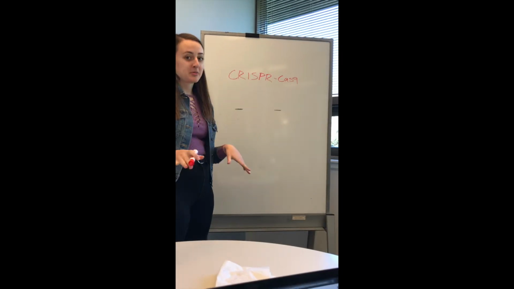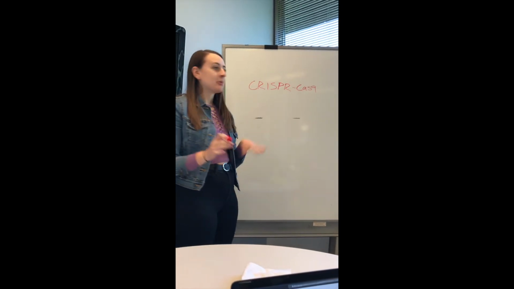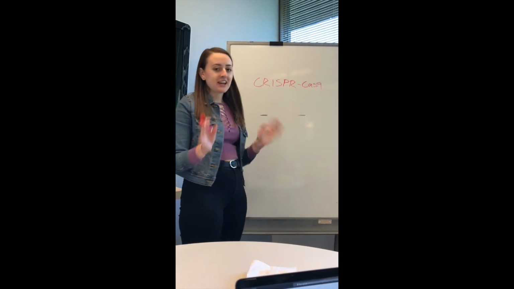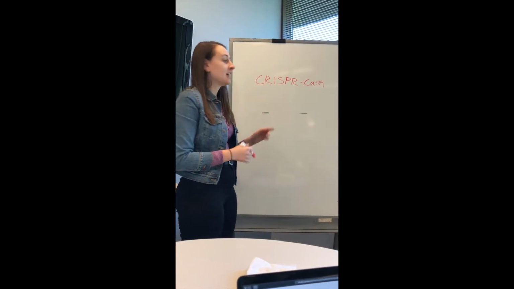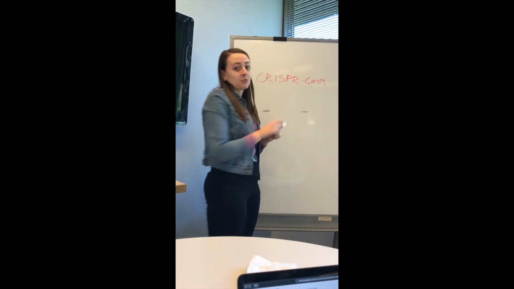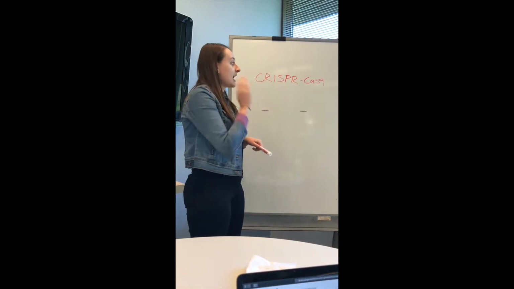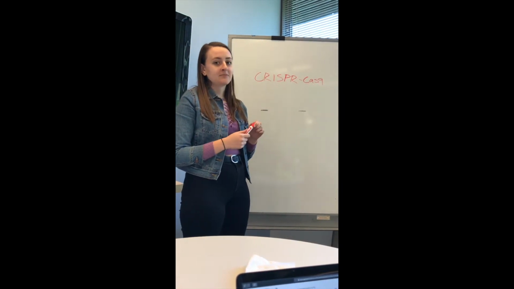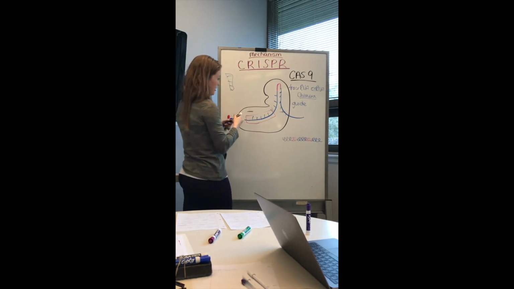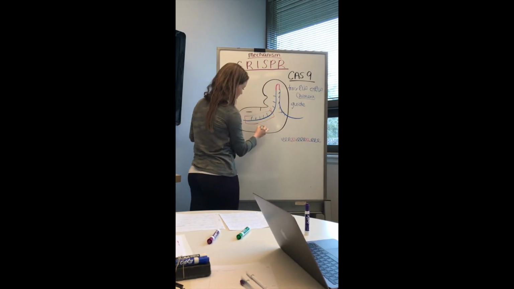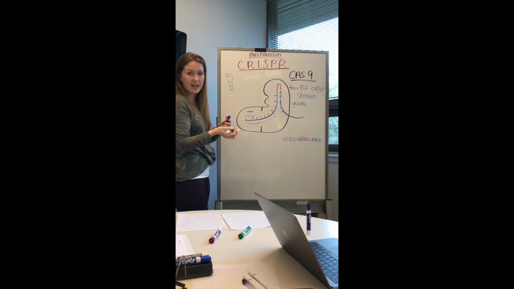Just to clarify what we've been talking about, when we're talking about CRISPR-Cas9, as Caitlin had mentioned, CRISPR refers to the guide RNA. Cas9 refers to the protein that does the actual cutting of the DNA and the unraveling. Now, the Cas9 protein has helicase, a nuclease, that can unravel and cut DNA.